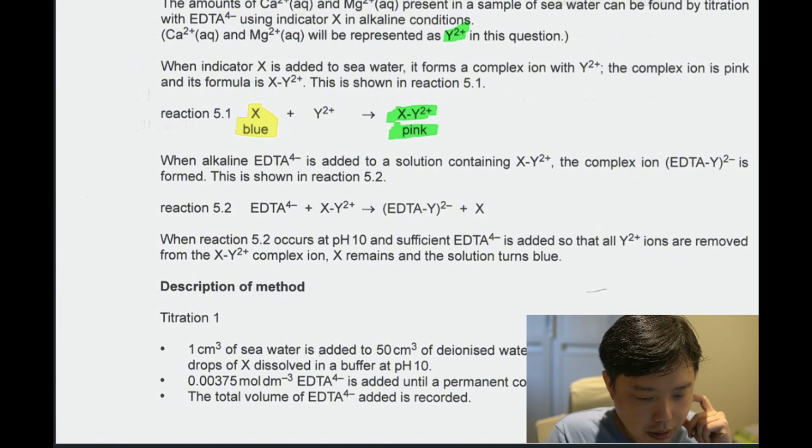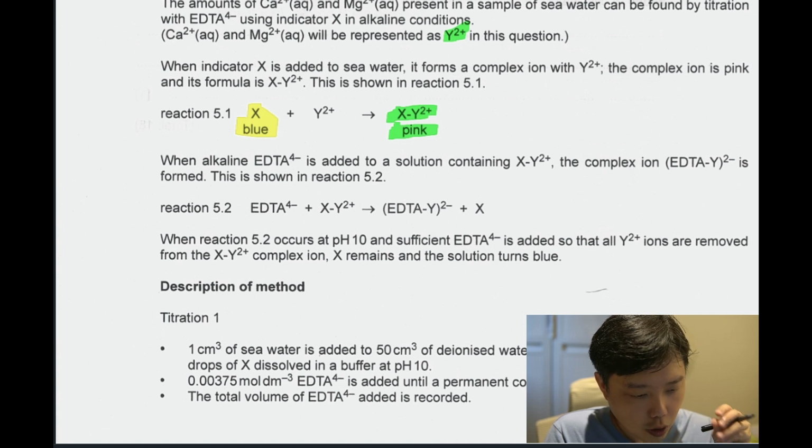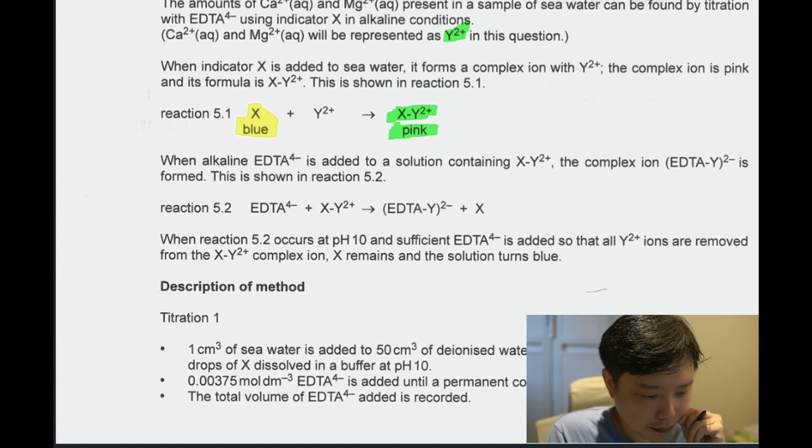When alkaline EDTA is added to a solution containing this complex, the complex ion EDTA-Y2- is formed. Basically it replaces X, the indicator.